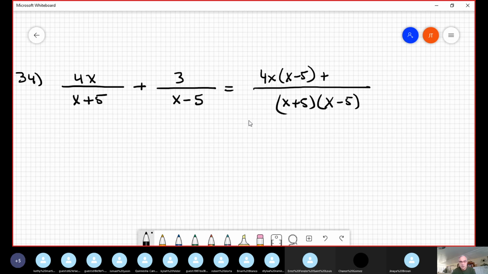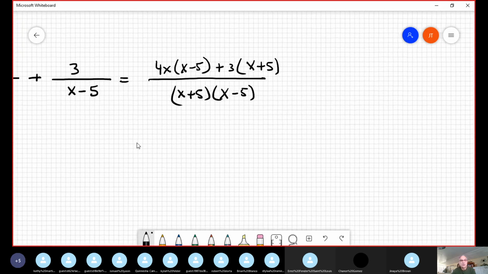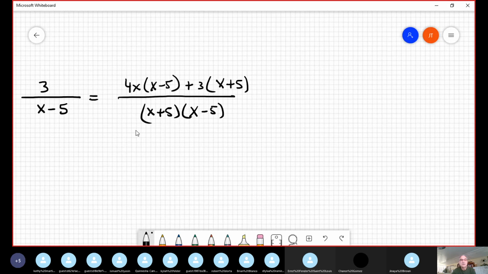Plus 3x times x plus 5. Very well. The rest is just the distributive property, and we combine later.